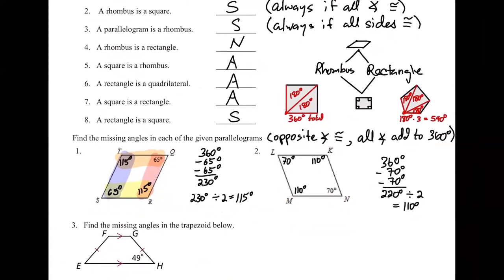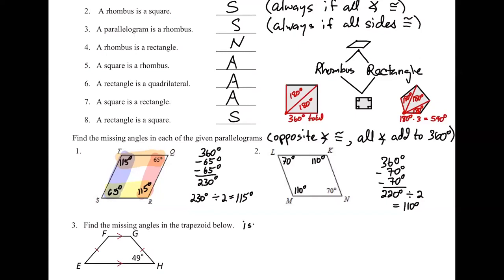Now, when you have a trapezoid, different story. Okay? It can be easier or just as easy, but in order to find the kind of information that we just found for the parallelograms, we'd have to know what kind of trapezoid it is. Right? In this case, it's an isosceles trapezoid because two sides are congruent in length.